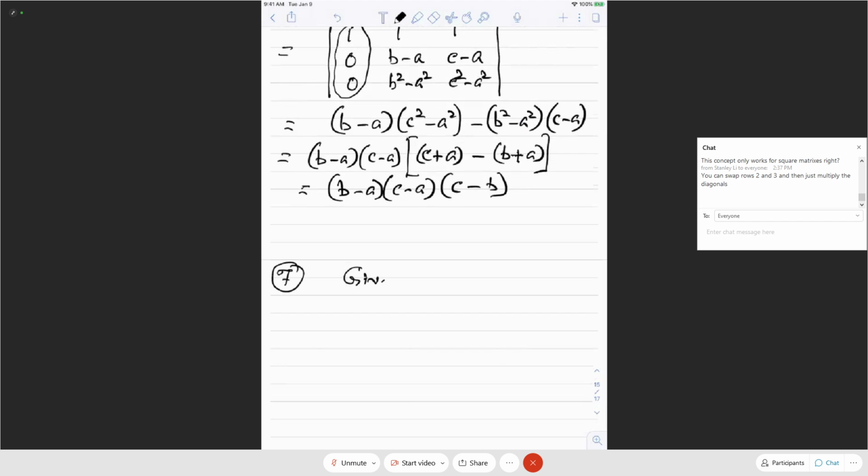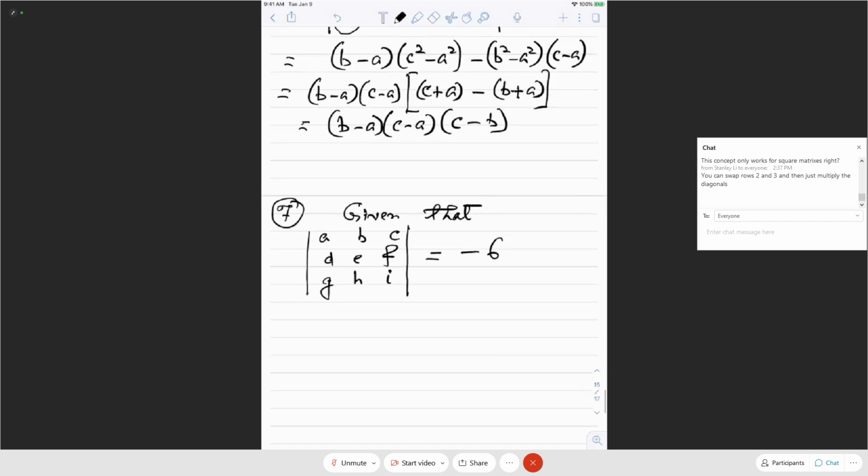Given that this determinant A, B, C, D, E, F, G, H, I is minus 6, find the following.